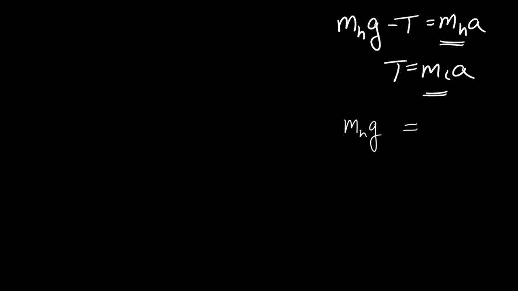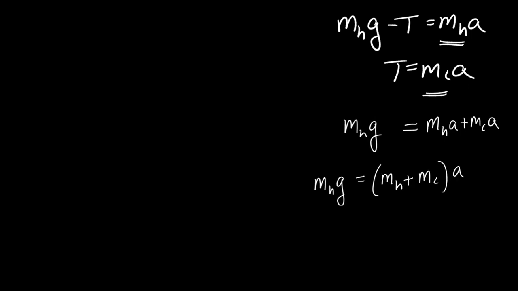Add on the right side, and I get MHA plus MCA. Factor out the A's. I'm doing more math than I normally would and more steps because after looking through some of your tests, some of you are still having some trouble with all the letters and the algebra. So I'm spending a little bit more time. Now that I factored out the A, I can isolate the A.